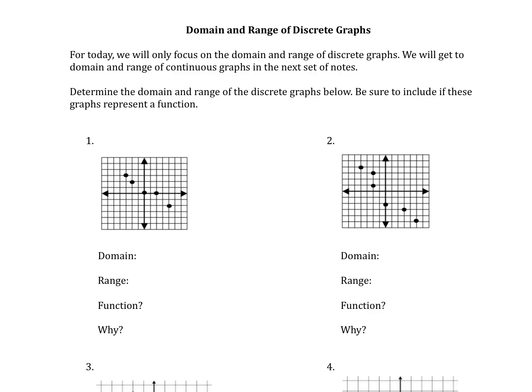All right, now that we have learned how to tell the difference between a continuous or discrete graph, we're going to focus on discrete graphs only, and we're going to determine how I can name the domain and range of a graph. So the first thing I'm going to do is name all of the ordered pairs that I see on the graph.